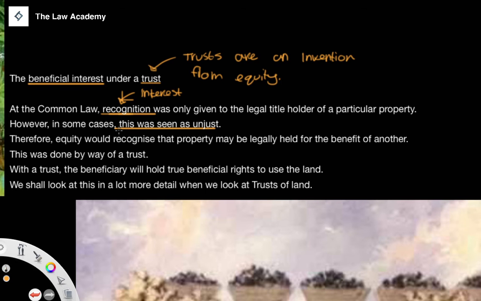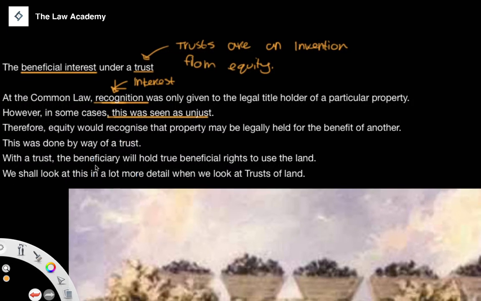There were some cases where it was recognised that the interests of someone who is not the legal title holder may still be valid interests. Therefore, equity would recognise that property may be legally held for the benefit of another. And this was done through a trust.